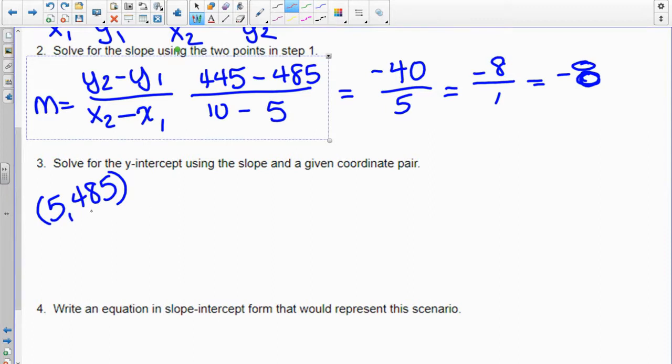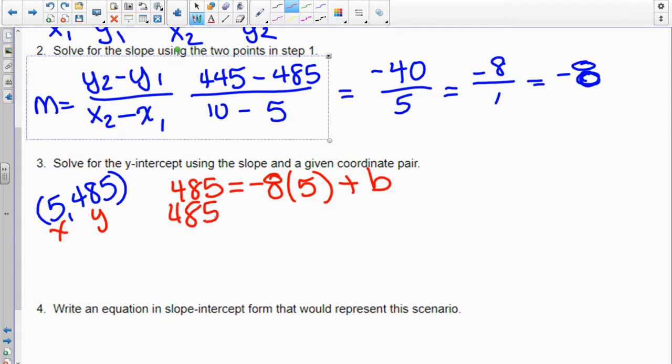So y here is 485. We're going to multiply that by the slope I just got, which was -8, times that 5 friends, and we're looking for b, which in this case, at the beginning, we want to know how many cards he had. So working our algebra here, -8 times 5 is -40.